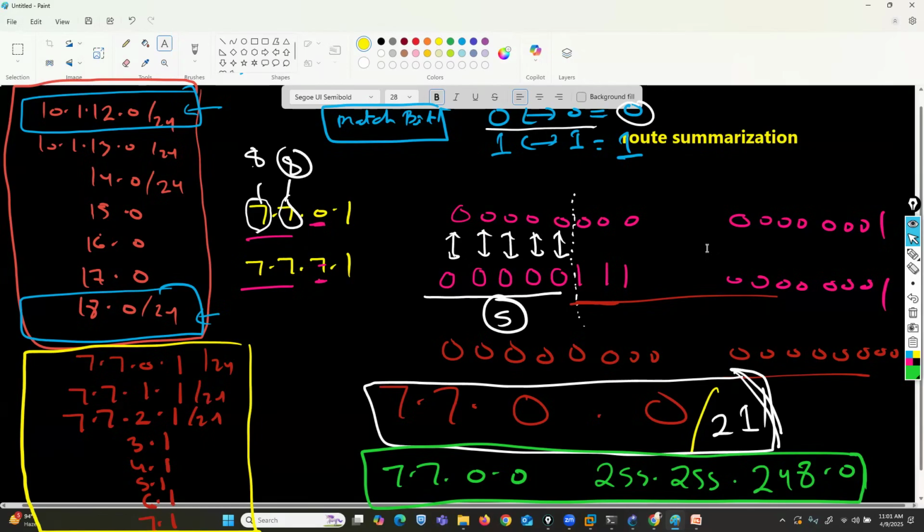That means 1, 2, 3, 4, 5, 6, 7, 8. That means this one is 8. Okay.